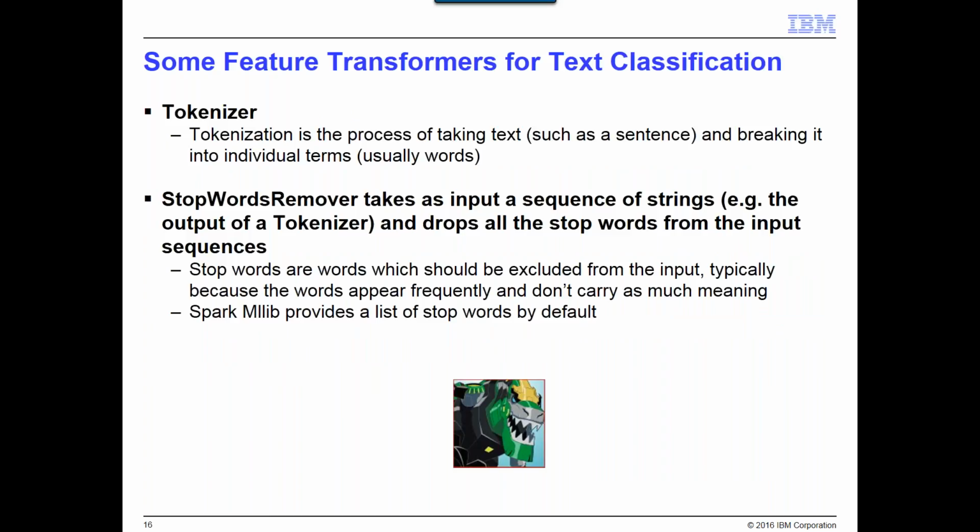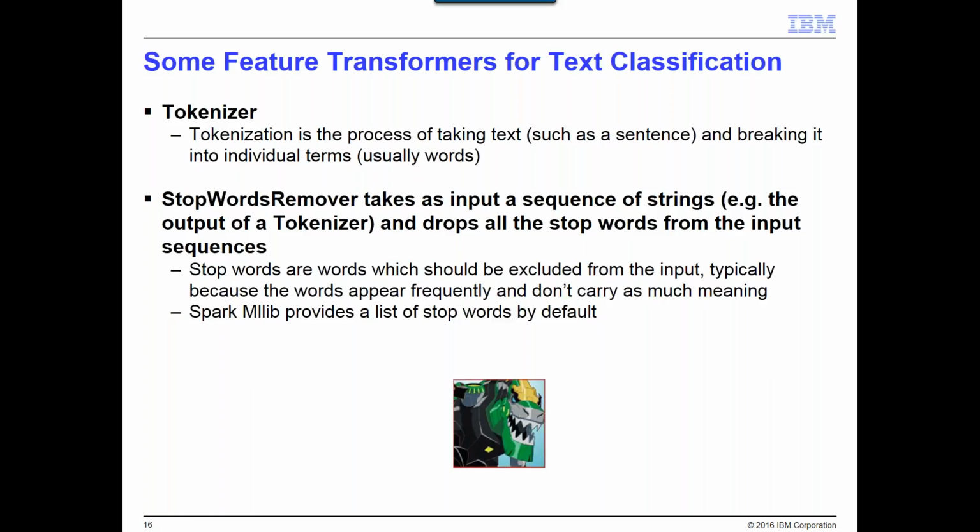Here are some feature transformers. This is not a comprehensive list, but these are probably the most prevalent for text classification. Tokenization, as I mentioned before, is the process of taking text, in a sentence, paragraph, whatever it may be, and breaking it into individual terms, words. A second one would be stop word removers. Let me define stop words first.